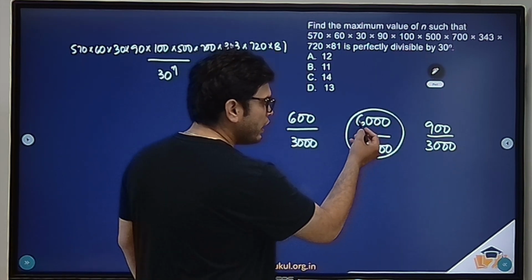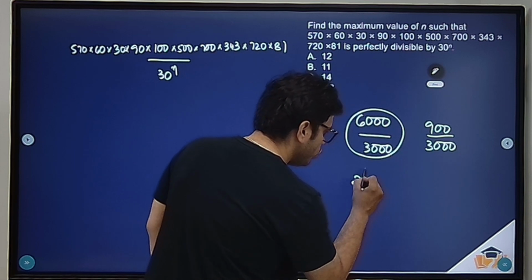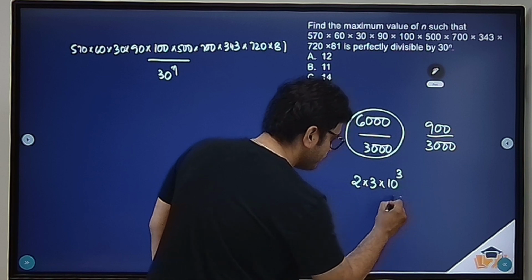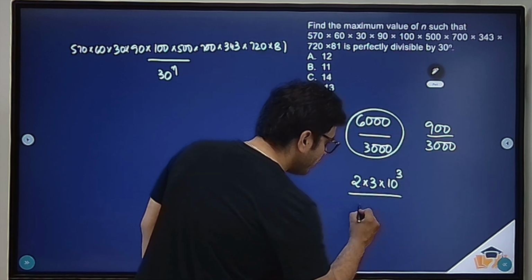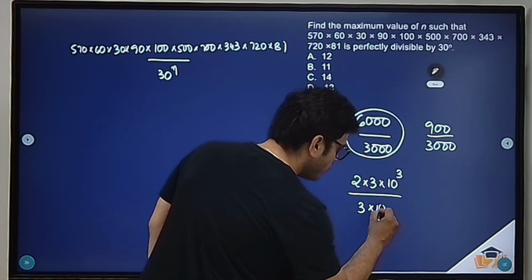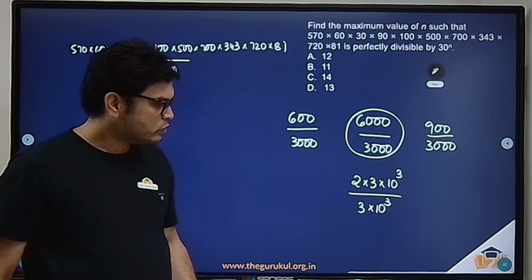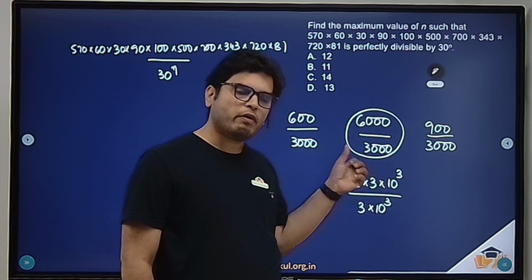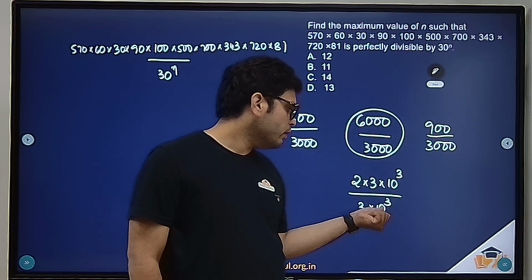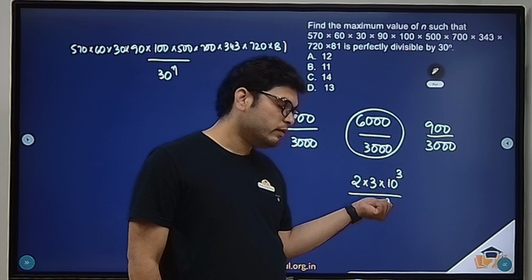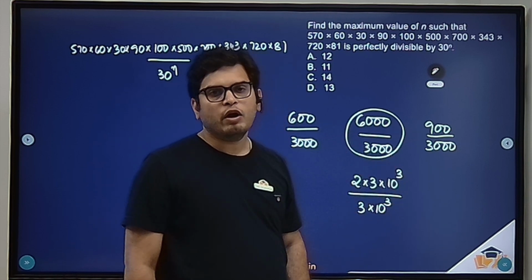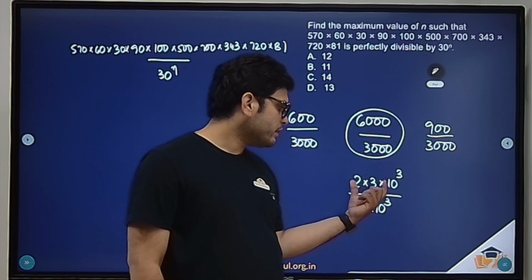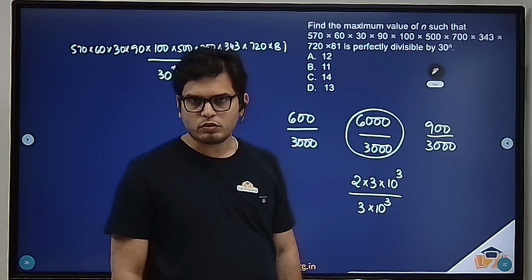Because, how can I write 6,000? 2 into 3 into 10 power 3, and in the denominator you have 3 into 10 power 3. So, the power of 3 in the denominator is equal to the power of 3 in the numerator. Again, the power of 10 in the denominator is equal to the power of 10 in the numerator. So, that's the reason that this is exactly divisible by 3000.